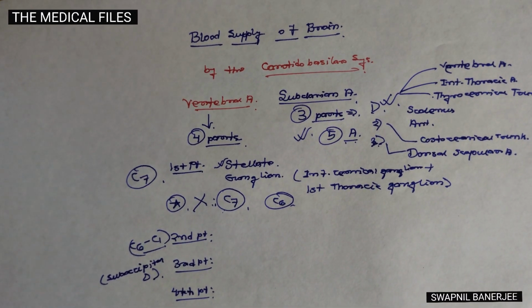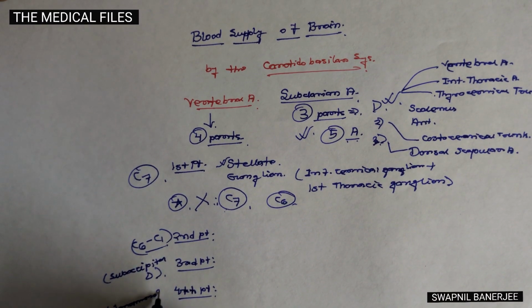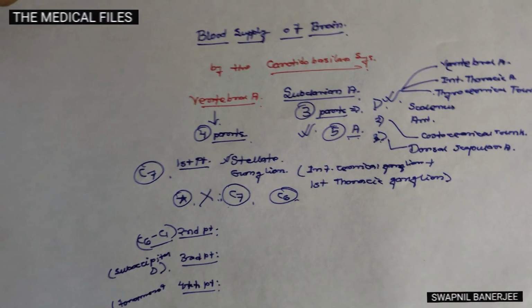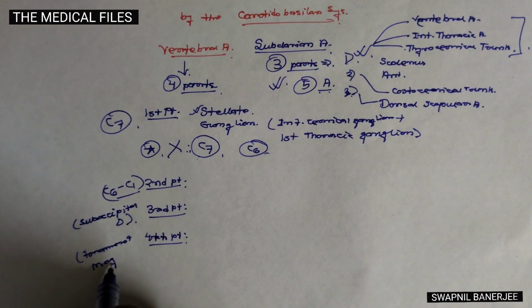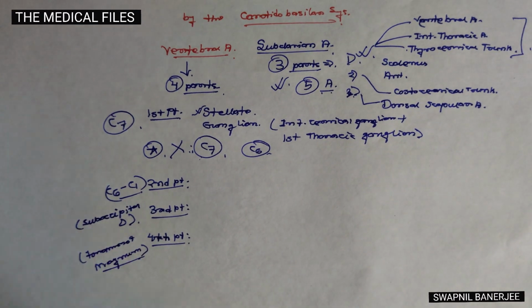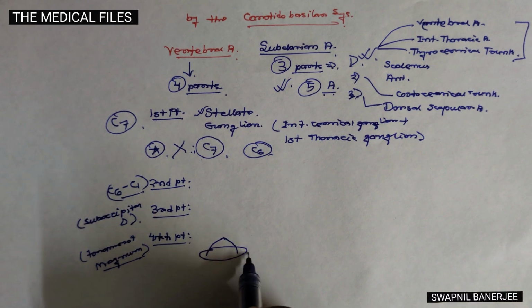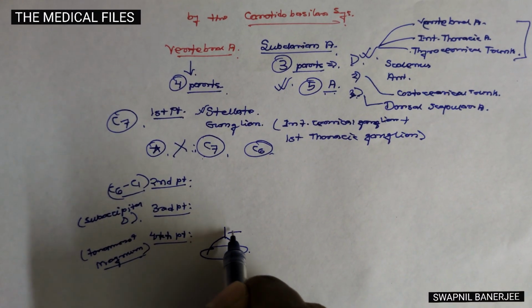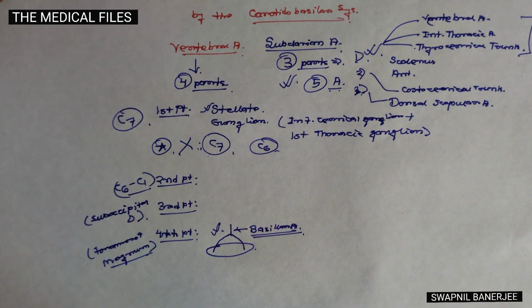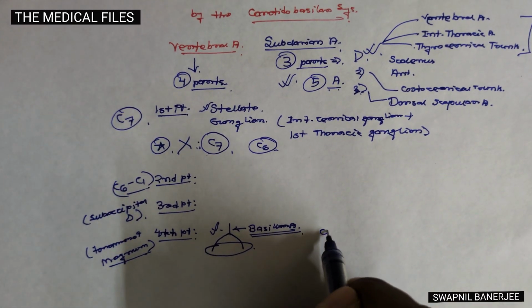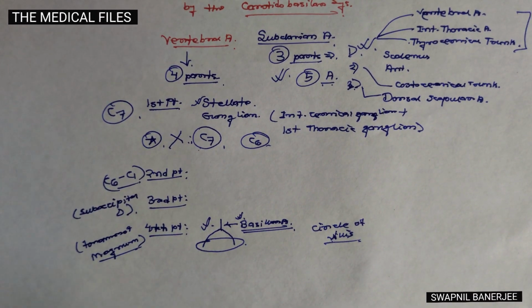And the fourth and last part passes through the foramen magnum. This is the part where the two vertebral arteries cross the foramen magnum and form the basilar artery. This is very important, because you will understand the basilar artery when we discuss the circle of Willis.